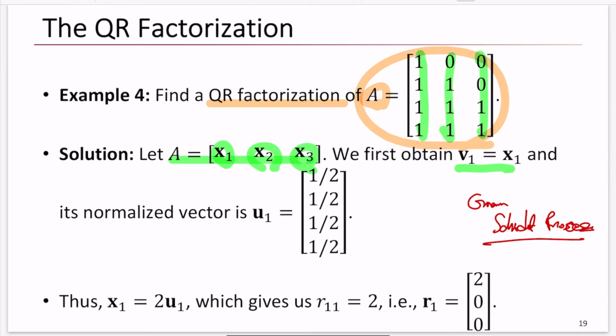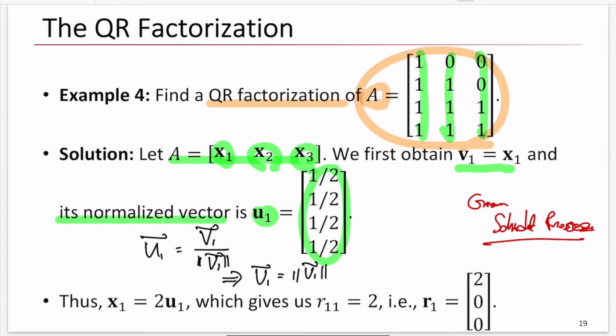Then its normalized vector is u1, which is normalized from v1. To find the matrix R, I mean each column vector: u1 is v1 normalized by the length of v1, so v1 is the length of v1 times u1.